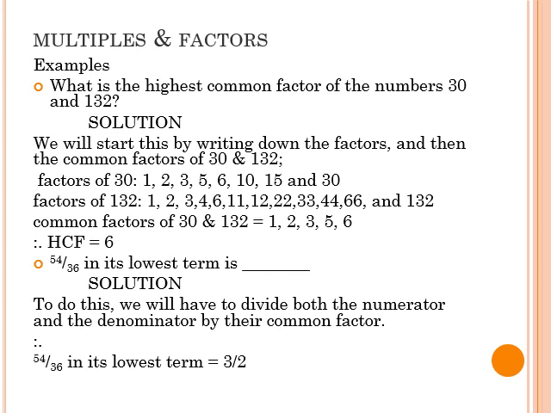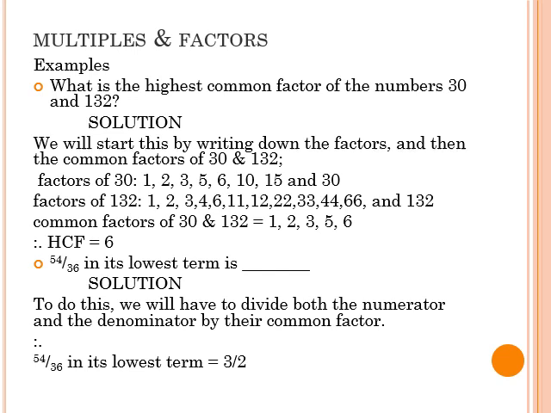But 2 can no longer go into 27, so you divide by the next common factor, which is 3. 27 divided by 3 is 9, and 18 divided by 3 is 6. 3 can still go. You divide 9 by 3 to get 3, and 6 by 3 to get 2. Nothing can go again.